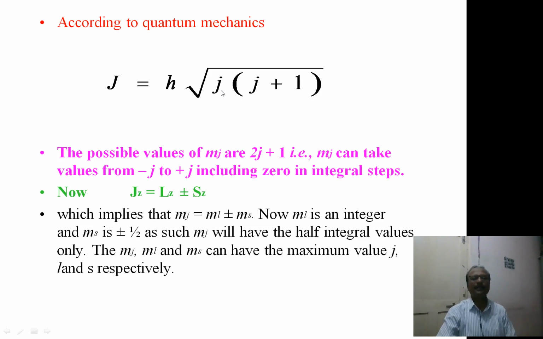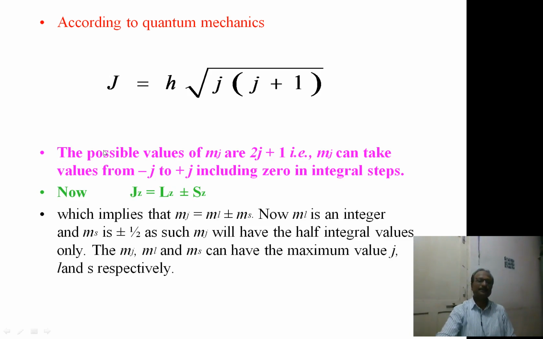The possible values of the magnetic total angular momentum quantum number mj are 2j plus 1. That is, mj can take values from minus j to plus j, including 0 in integral steps.